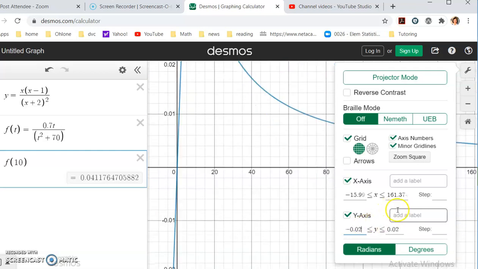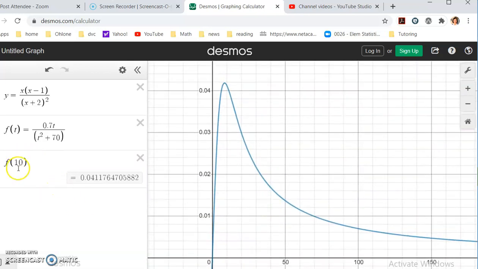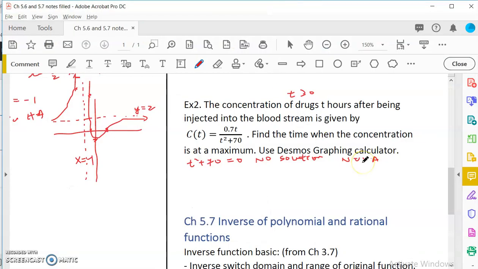See, it shows up pretty well now, because you can see that even at 10, it is like that. So for the maximum, you click on it, and you can see the maximum: y is 0.04183 at 8.4 hours.